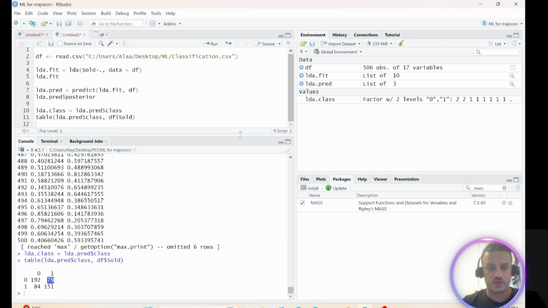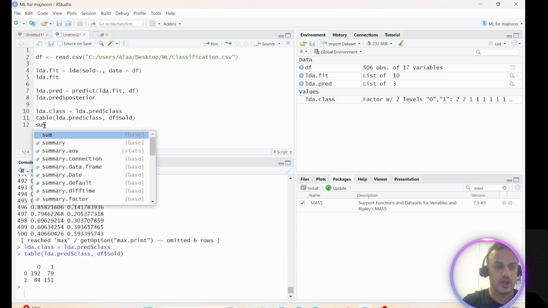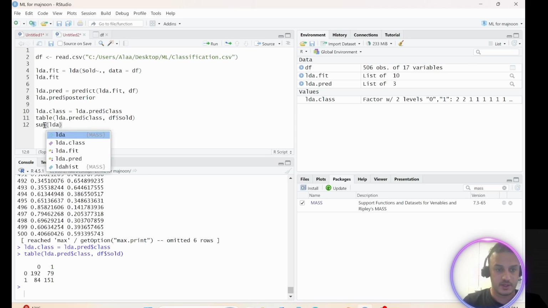If you need to find something specific, for example, if you need to run a sum, I'm going to give sum here. I need my LDA.predict posteriors, minus 1, remove the false if it's bigger than, for example, 0.6.